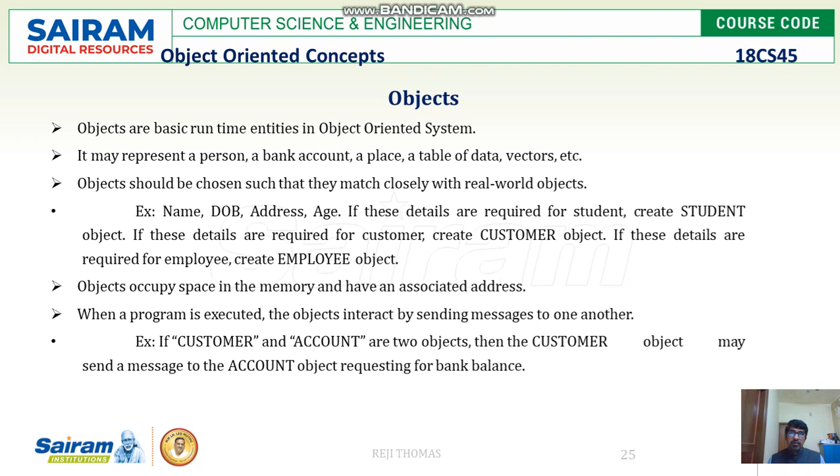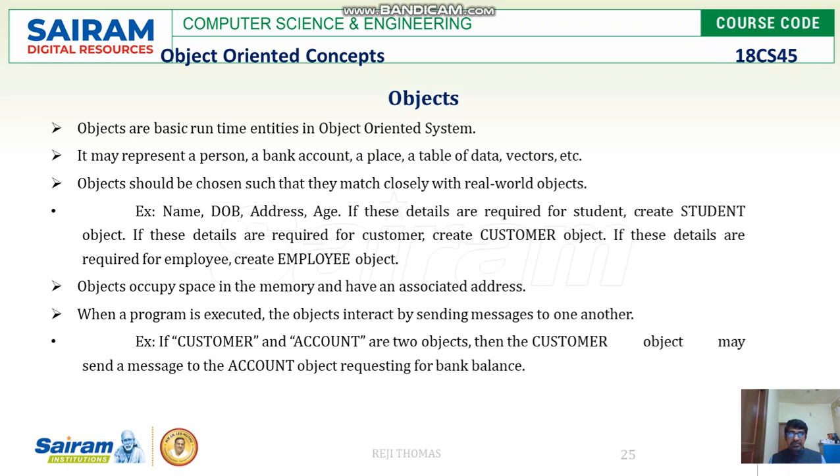Your task is divided into objects. When we execute, the objects interact by sending messages to one another, which means objects need to interact with each other. This happens by sending messages.